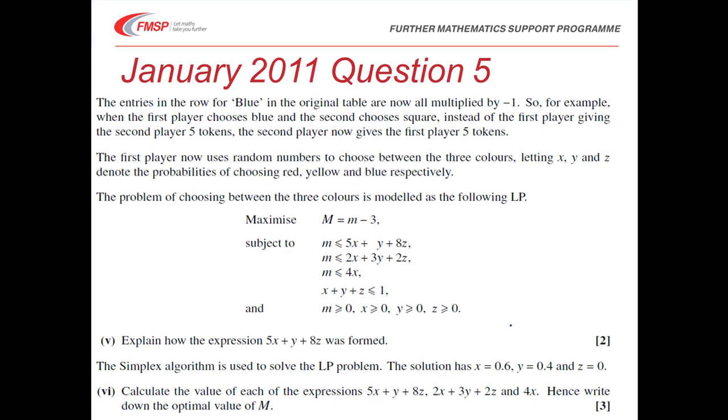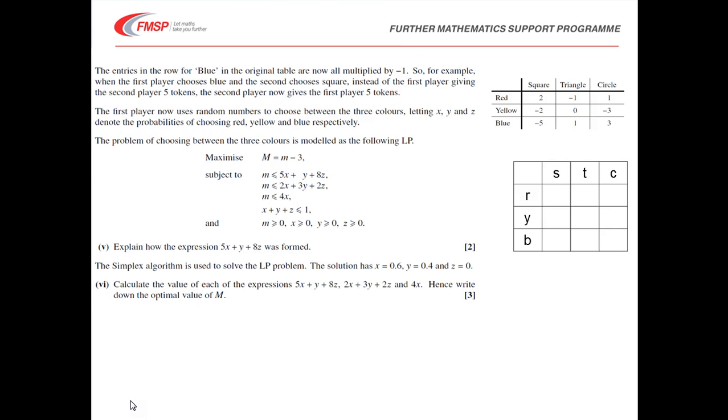It's modelled in this form, and we've got these 2 questions to ask. First of all, to explain where 5x plus y plus 8z comes from, and secondly, to work out the optimal value of m.